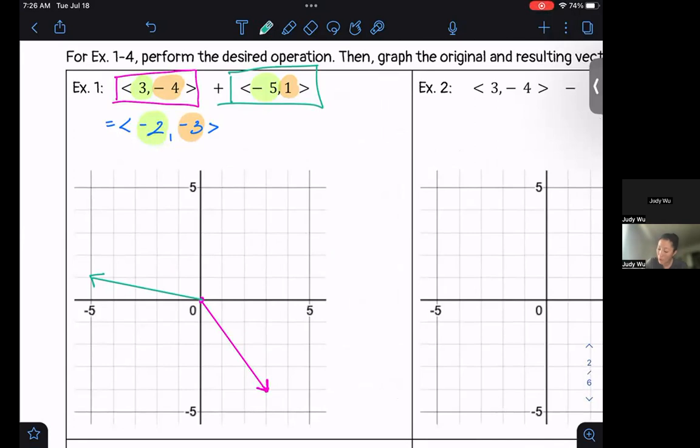Okay. However, when we add vectors, we're actually lining them up head to tail. So instead of drawing this green vector starting here, I'm actually going to move the initial point to where the end of the first vector is. Okay.